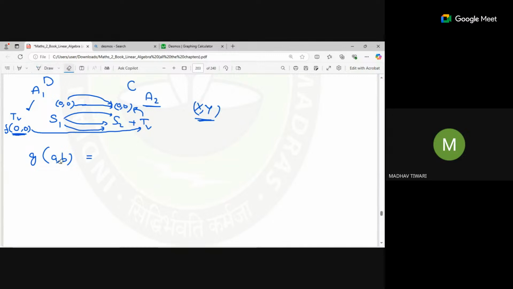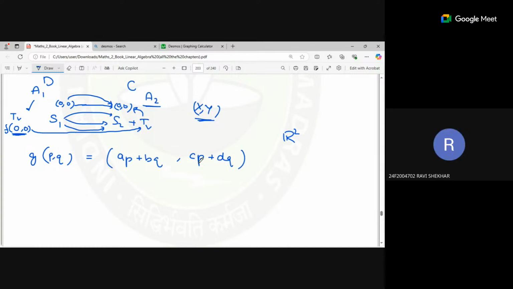Suppose any point I am taking is p comma q. Their linear transformation will be something like a times p plus b times q, and c times p plus d times q. Because in linear transformation, we just find some linear combination of these components and define it. We want a vector in R2, so we defined it like this. Is that clear?